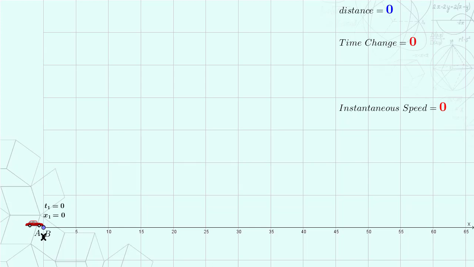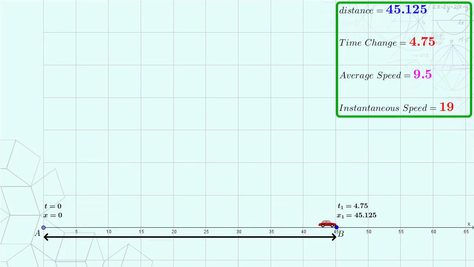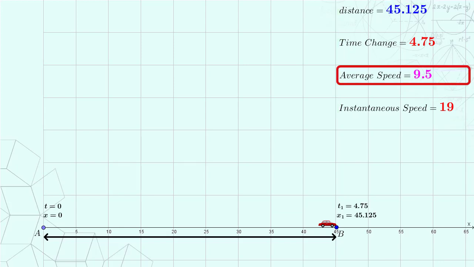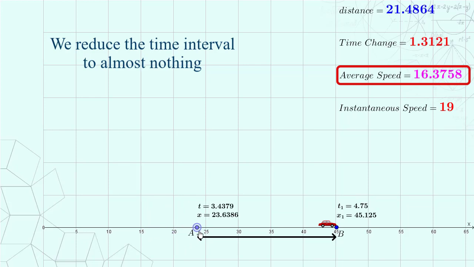There is a car here. You can see the information on the right side. When the car starts to move, it displays the average speed in time intervals. We'll measure our car's average speed as we reduce the time interval to almost nothing, getting closer and closer to the instantaneous moment.